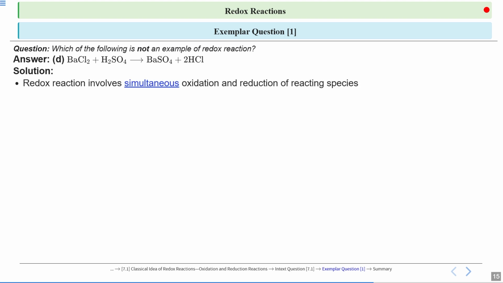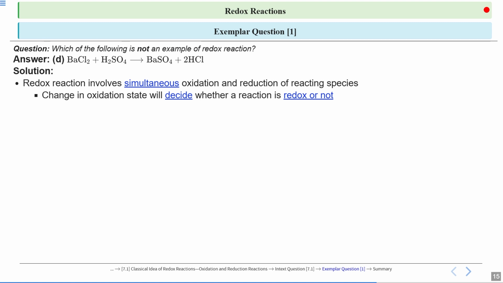As we know, the redox reactions involve simultaneous oxidation and reduction of reacting species. That means in a chemical reaction there would be oxidation and reduction taking place simultaneously. And the particular change in oxidation state will decide whether a reaction is redox or not.